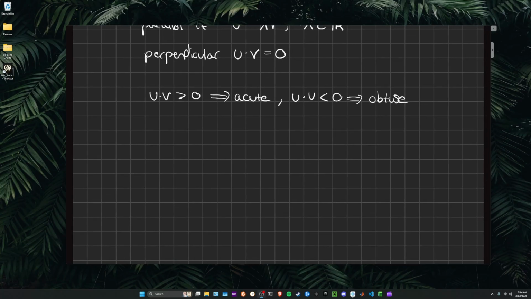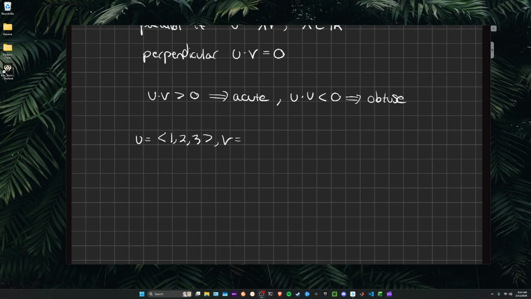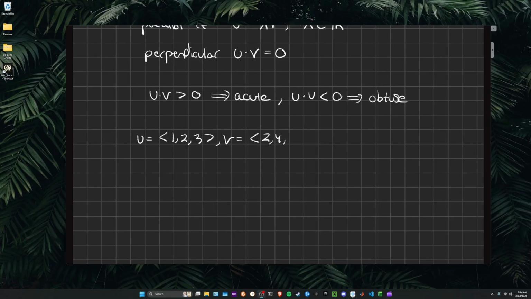So let's look at like these examples they give us. So we get the vector u equals 1, 2, 3, v equals 2, 4, 6. These are parallel, right? We could express v as simply twice of u, which would be the case. If we multiplied 2 into u, we'd get 2 times 1 is 2, 2 times 2 is 4, 2 times 3 is 6.